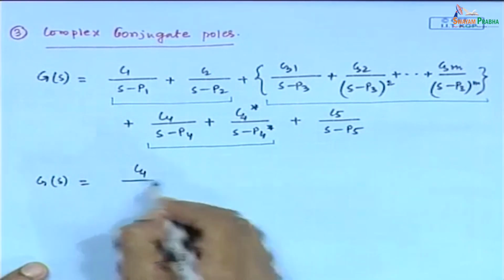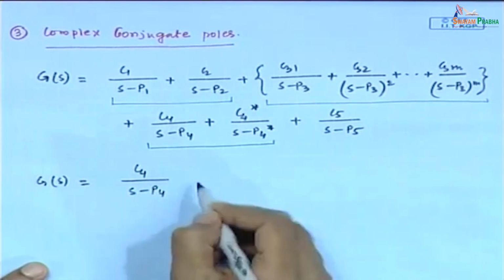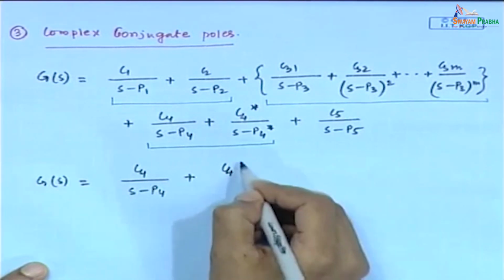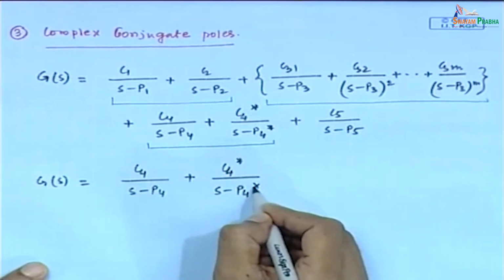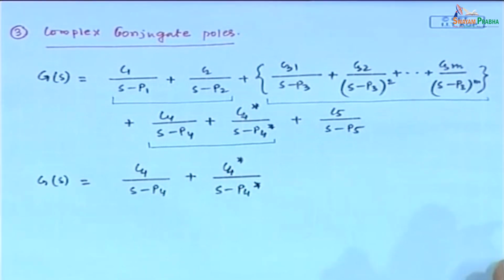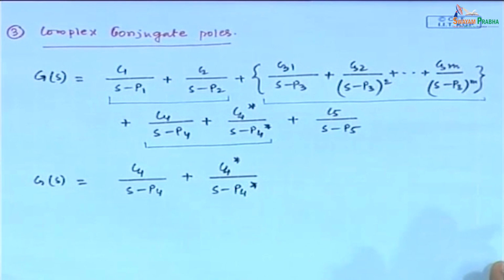reduces to C 4 by s minus P 4 plus C 4 star by s minus P 4 star. Fine. Now, the two complex conjugate poles are P 4 and P 4 star.